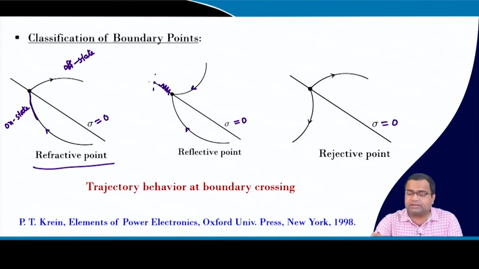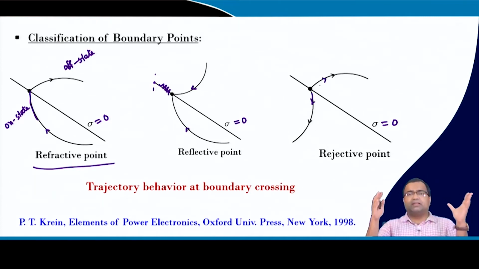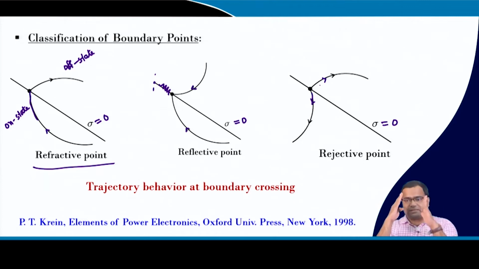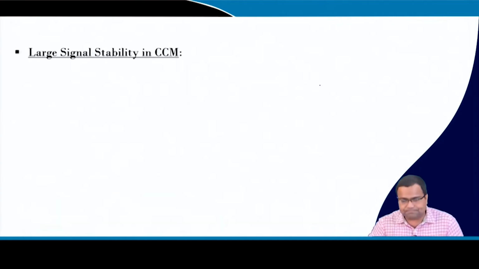Okay. So, on both sides the chattering will start, the actual switching will act. And the third possibility, if both side trajectories are moving away, is called the rejective region, and we must avoid such a region, otherwise it will be unstable. We should not place a switching surface, or consider a sector of the two dimensional plane, in the rejective region, because if you take any initial condition there, your trajectory will go unbounded, and particularly for a boost converter it can lead to complete collapse of the system, or it can damage other devices.